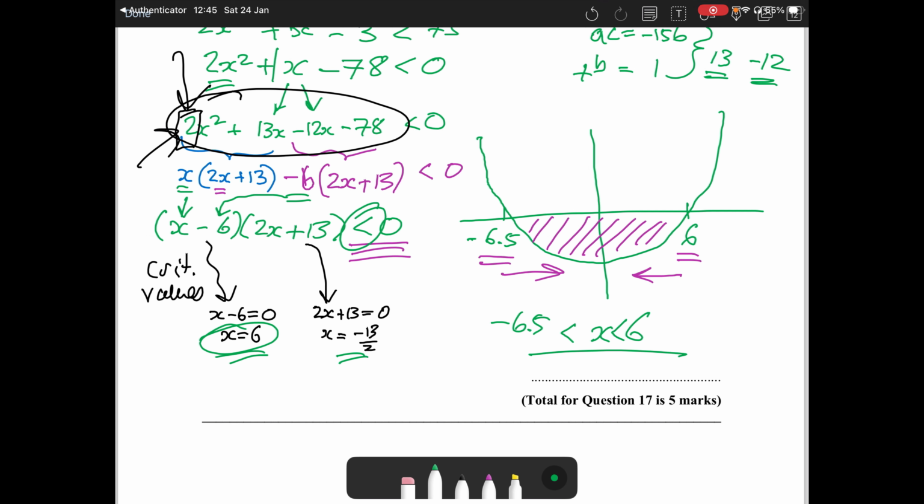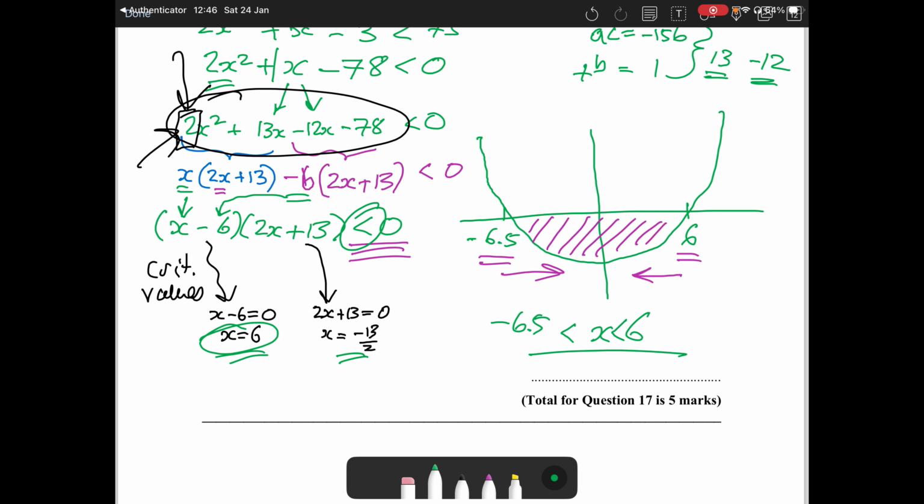Now, my mark scheme interestingly says 6 and minus 6.5. Wow, I don't get this. So it's factorised it the same way I've done it, and again, I'll post this online.